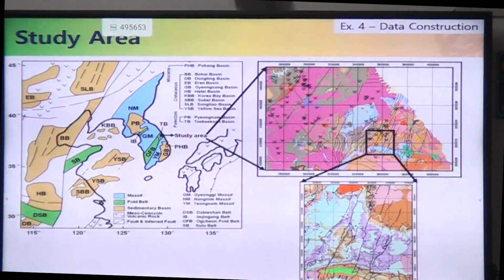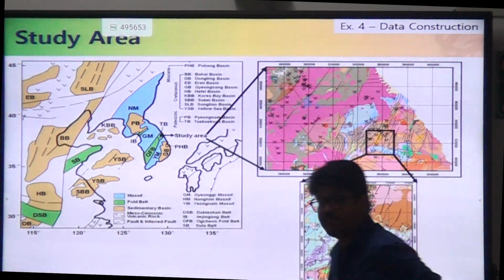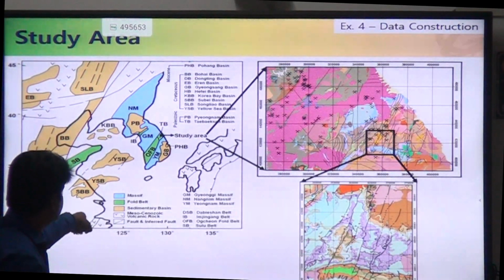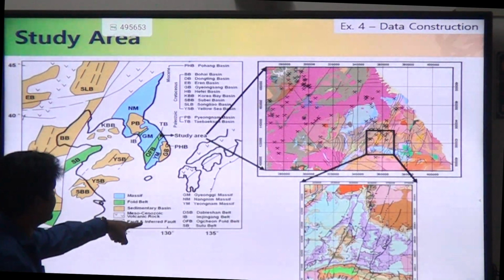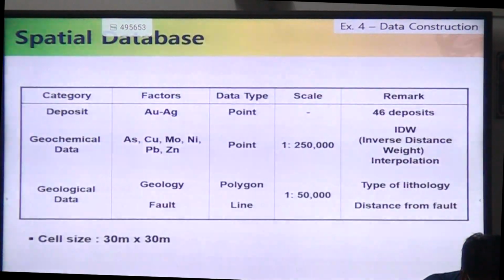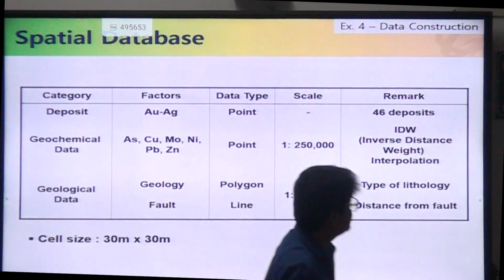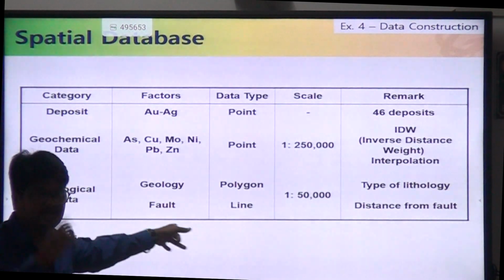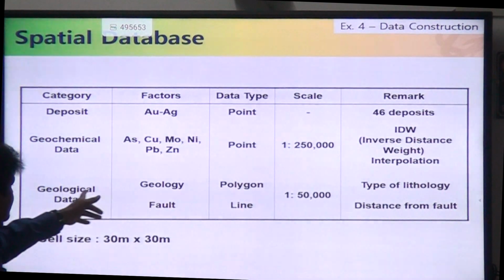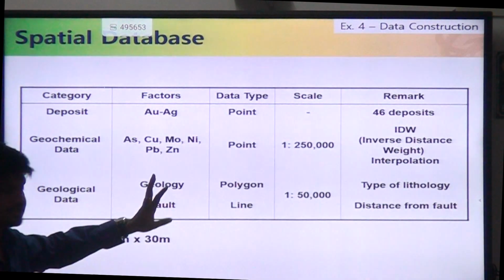So for example, this is a case study in Korea. A lot of work has been done in Korea. What you see here, there are different kinds of deposits, and you construct the spatial database. You can see here the deposit, and in this case the deposit is gold and silver, altogether let's say 46 deposits.